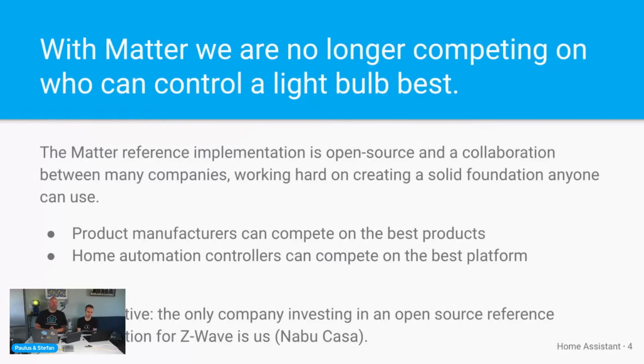Matter has an open source reference implementation. And this means that there are people from Google and Apple and Amazon and so many other companies right now all collaborating together, fixing bugs, creating pull requests, reviewing each other's code to build a single open source reference implementation of how Matter will work.